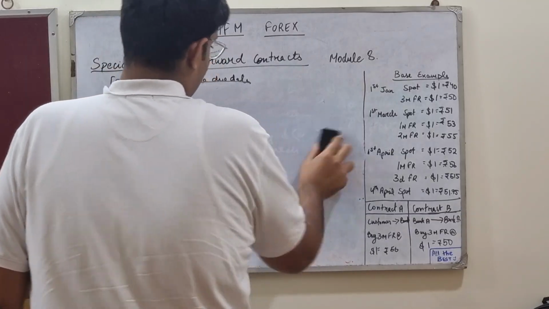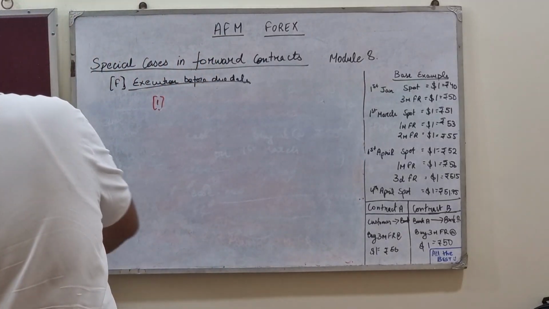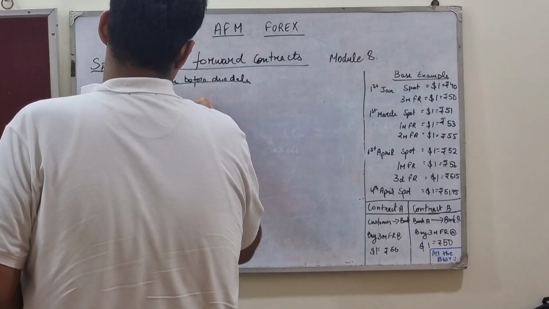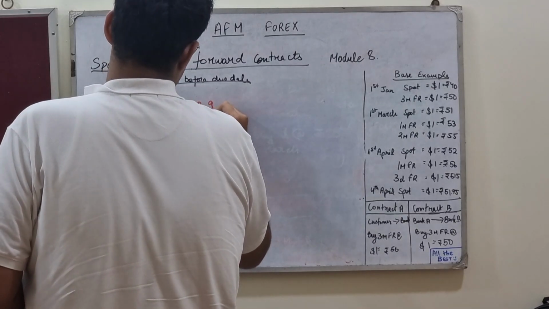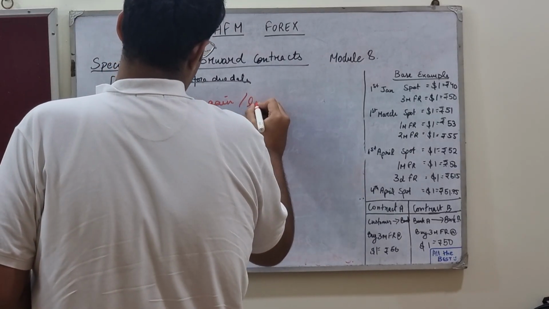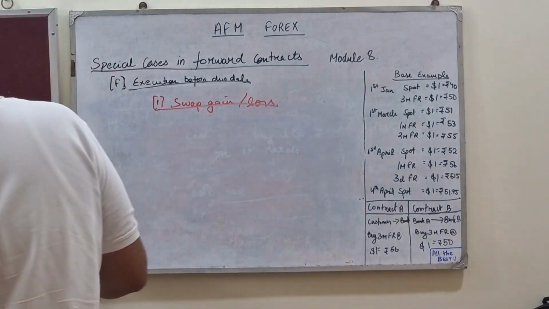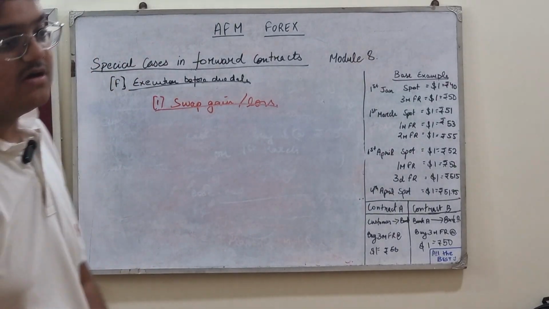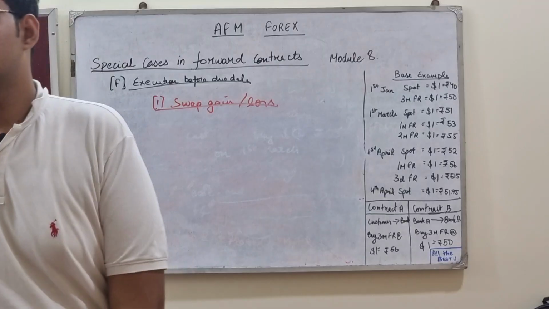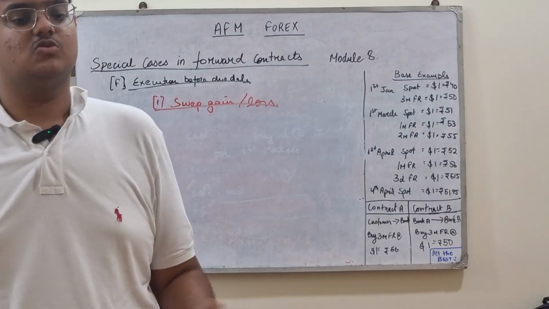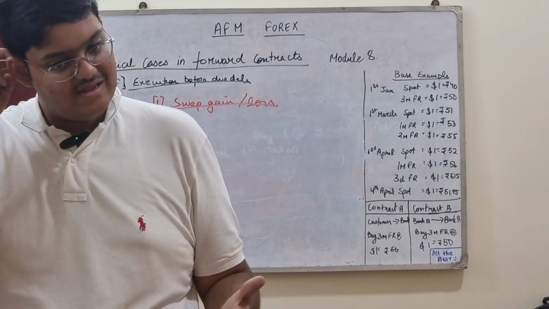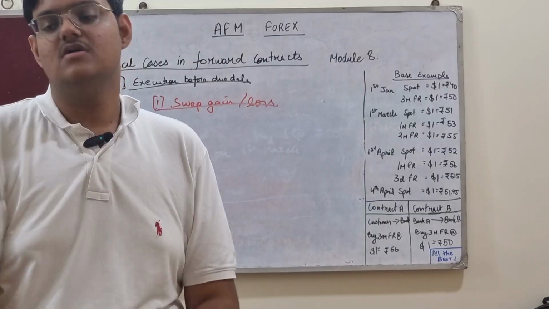Now, in rule 2, we need to calculate swap gain or loss. What is swap gain or swap loss? Swap literally means to shift something for another.